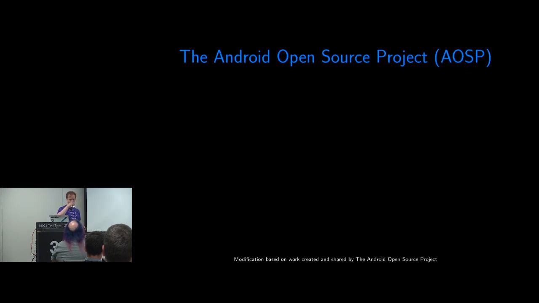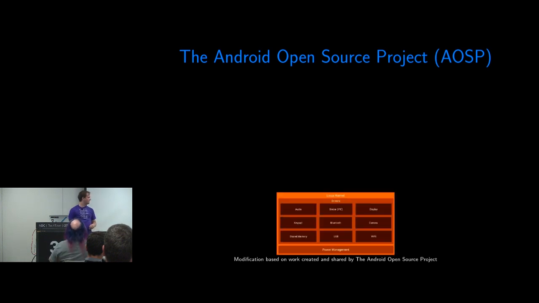So what is Android in this case? Android for us is the Android open source project, also called AOSP. And it is based on a Linux kernel. What you do is you enable some Android features, and then you have an Android-capable Linux kernel. On top of that, you have the hardware abstraction layer.